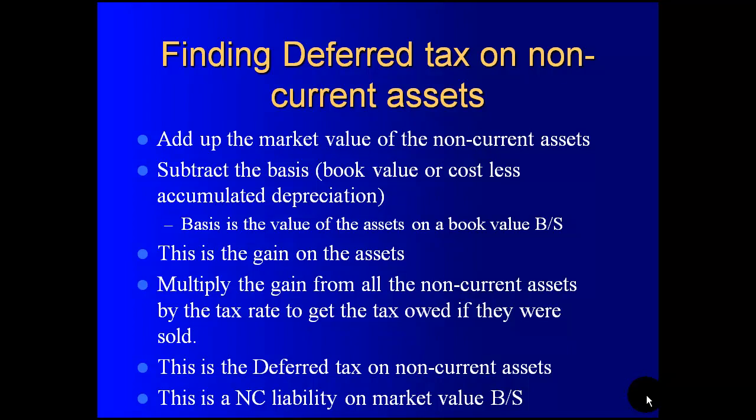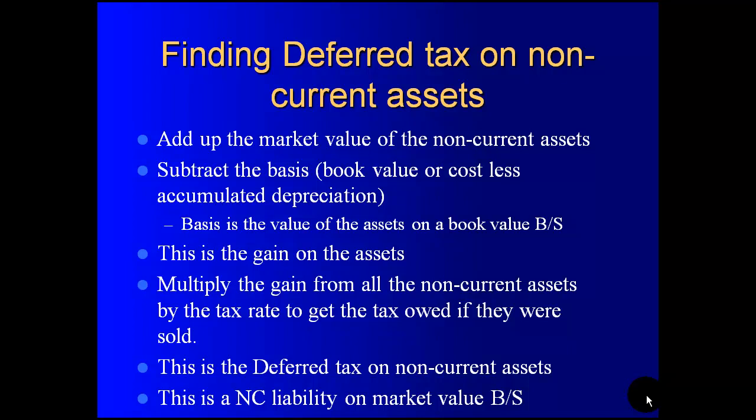So this would be the value on the cost-based balance sheet, or book value, which is the original cost less accumulated depreciation. Another term for this, and the reason why I use all these different terms is because you may hear them in real life, is basis or tax basis. And so the basis is the value of the asset on the books, or the book value.